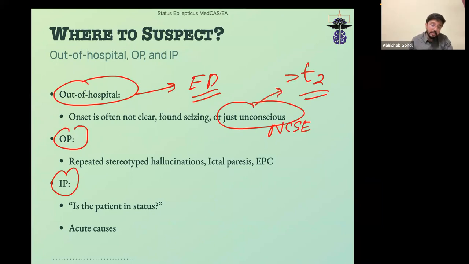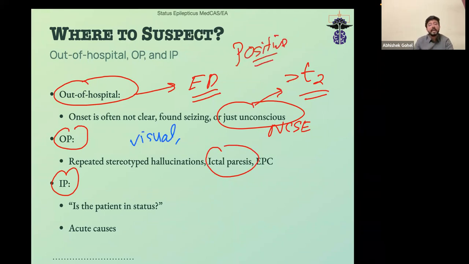In OP, they present with typical hallucinations, like the one I just told. It can be visual, olfactory, auditory, or gustatory. They come with hallucination, or they can come with ictal paresis, just like a focal motor seizure. Focal motor seizure is a positive seizure.